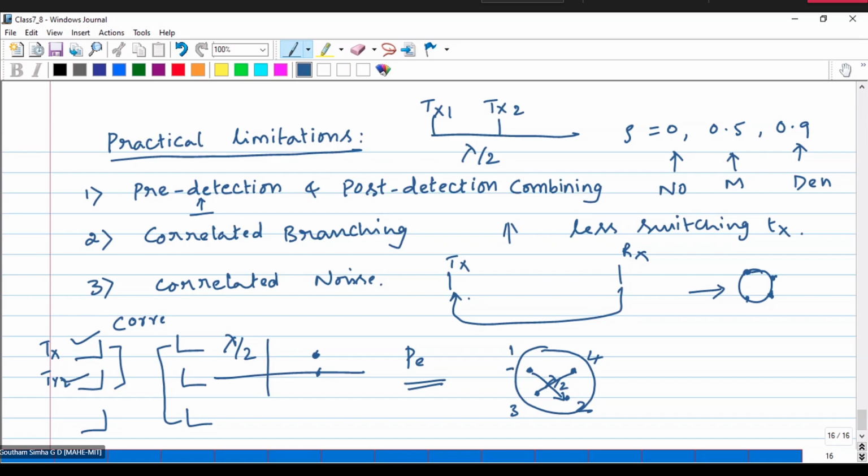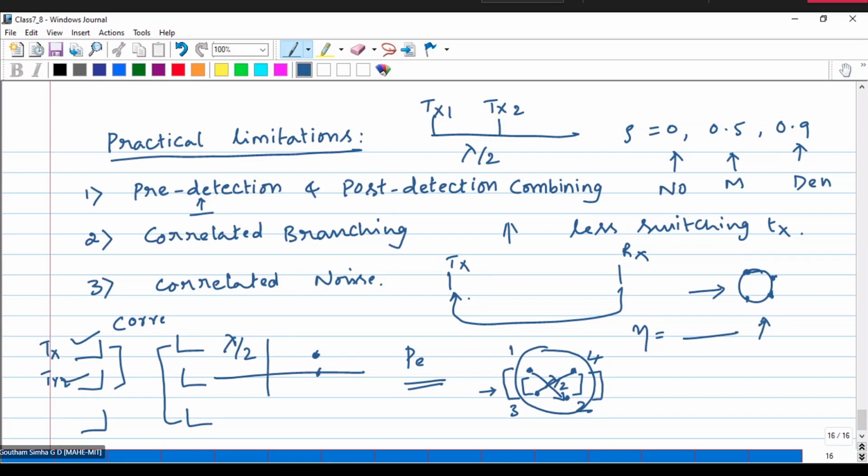Now you have to avoid transmitting from antennas 1 and 3 because they are correlated, and from 2 and 4 because they are correlated. But if you do that, you will lose spectral efficiency, isn't it? You lose number of bits because you are not making all the antennas active all the time. So if you still want to continue with that, these two will exhibit correlation and these two will exhibit correlation, but minimum correlation with different phases has to be incorporated for the correlated antennas which are placed nearby. Are you all with me? That's how you can avoid the correlated branching approach.